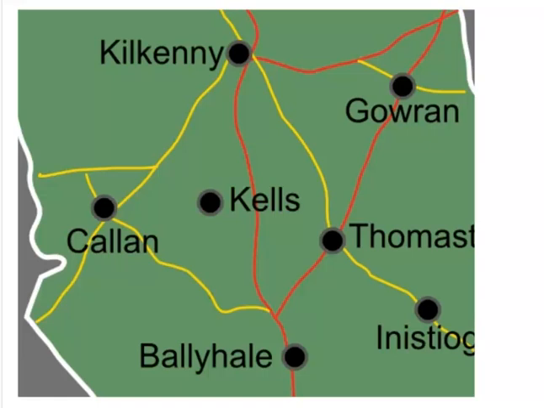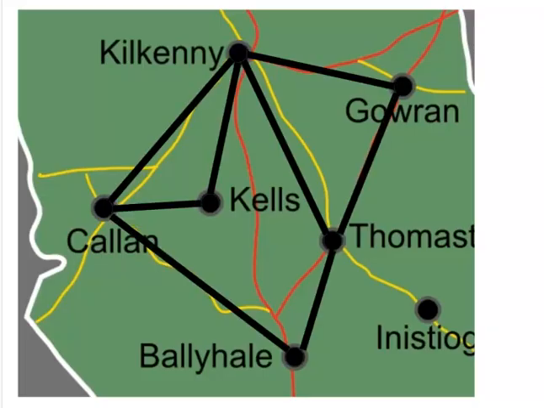So let's assume there are roads. I know it doesn't show any roads going to Kells, but let's accept that there are some roads to Kells, and more than just the yellow and red lines on the diagram that can get us to these various places. Let's concentrate on a certain few: Kilkenny, Gowran, Kells, Thomastown, Ballyhale, Callan. We're going to ignore Inistioge, too far away.